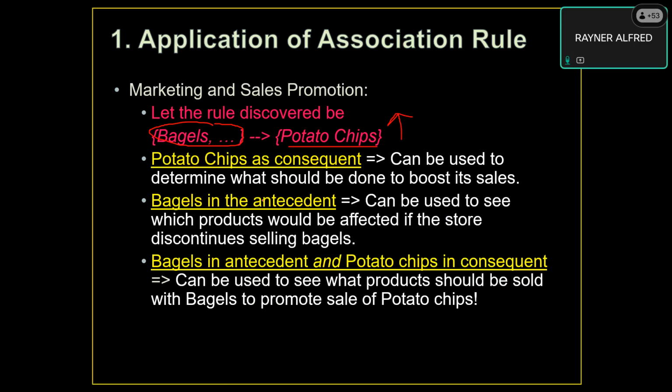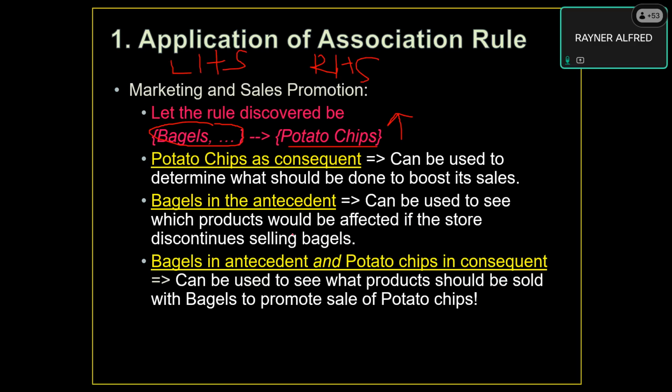Bagels in the antecedent, which is on your left-hand side, and this is your right-hand side, can be used to see which product would be affected. So bagels would affect the potato chip sales.